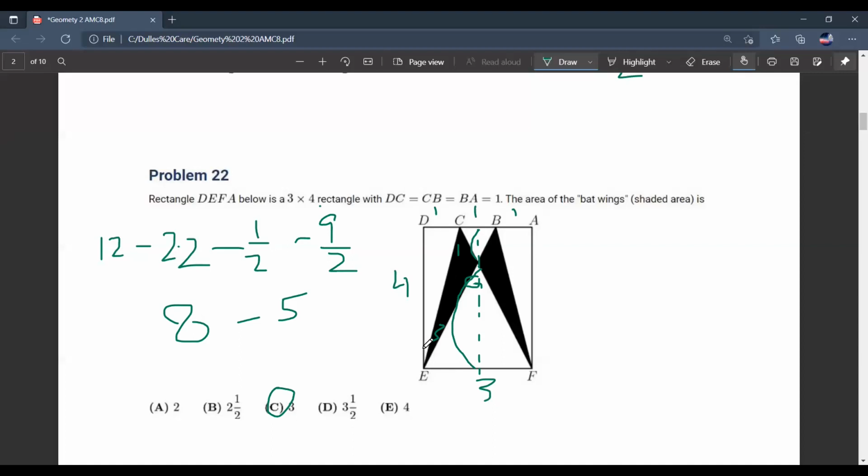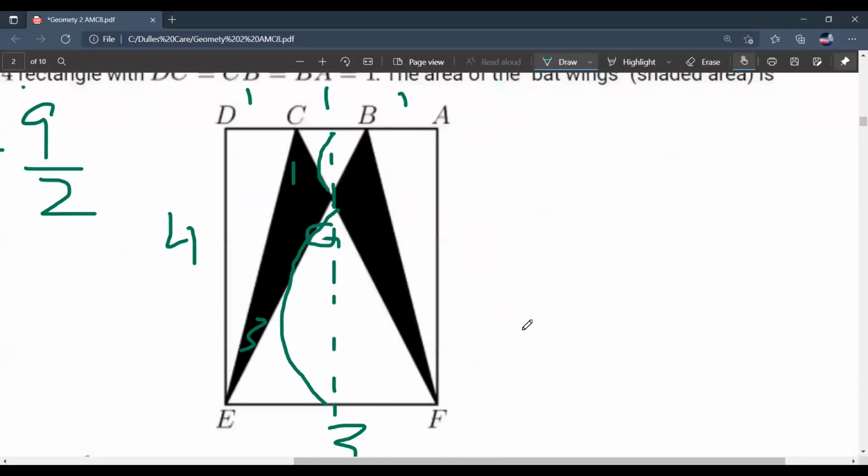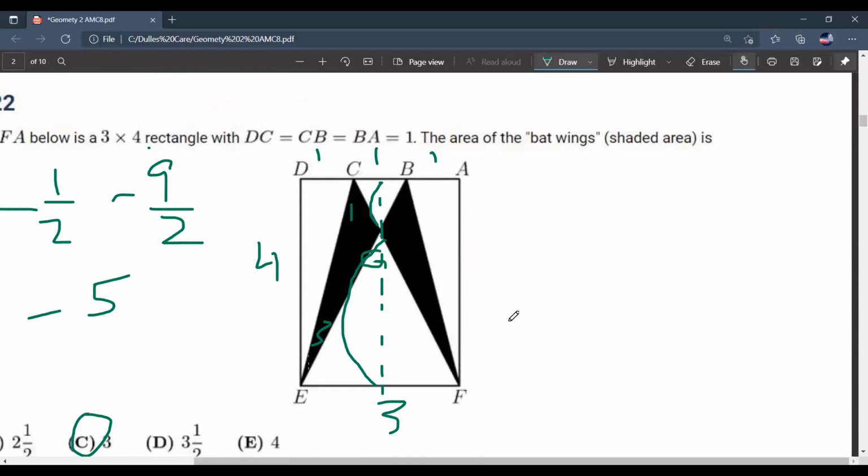And there's also an even faster way, the 3 to 1, right? Because it's similar triangles. So if we were to look at CBG, CBG has a 1 to 3 ratio to GEF.